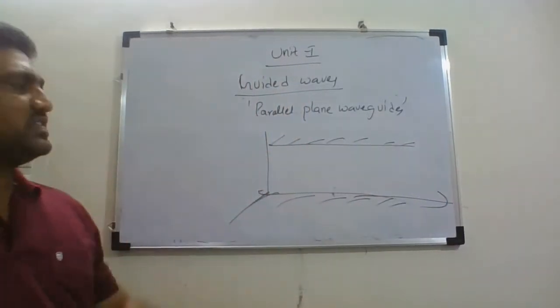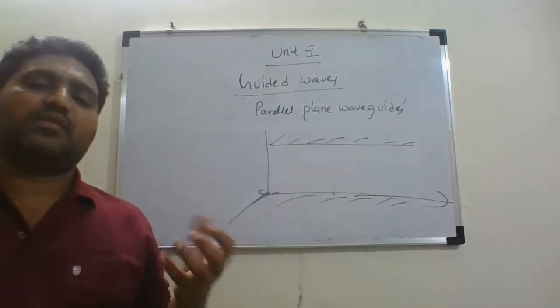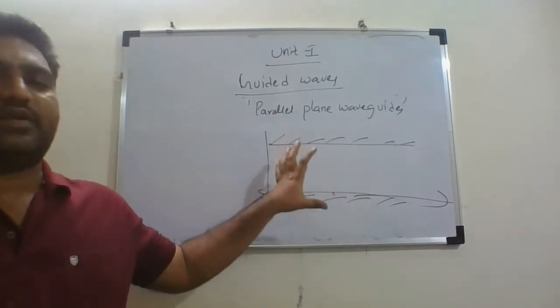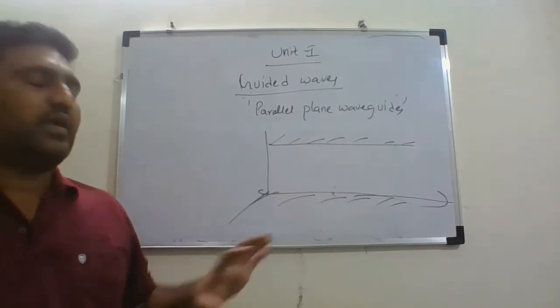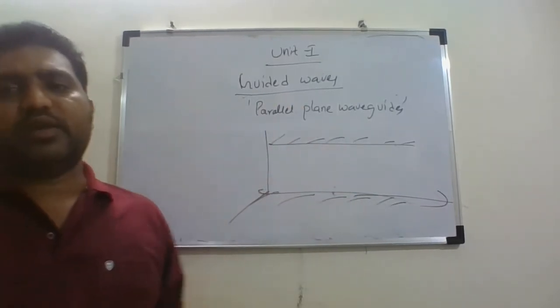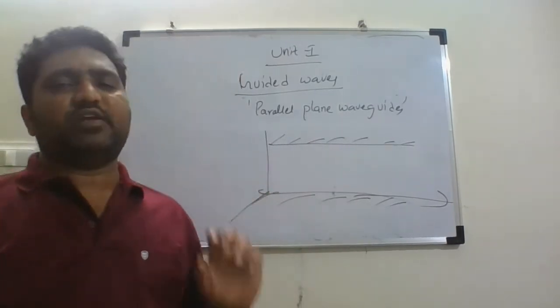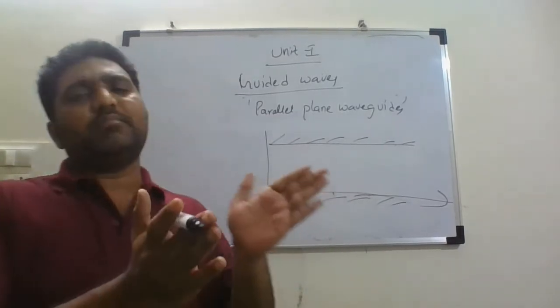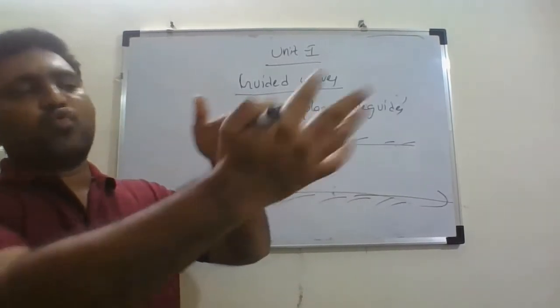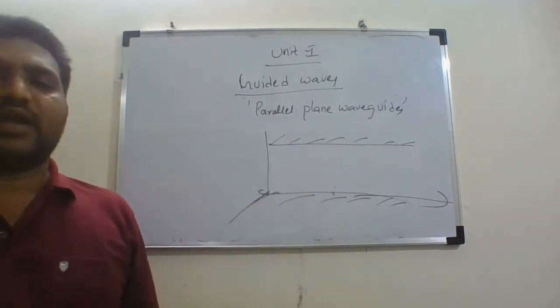This is the general guiding structure. It is just a theoretical assumption. Practically we do not have any parallel plane waveguides. It is not possible practically to construct two absolutely parallel plates with open boundaries, isn't it? So it is just a theoretical guiding structure.